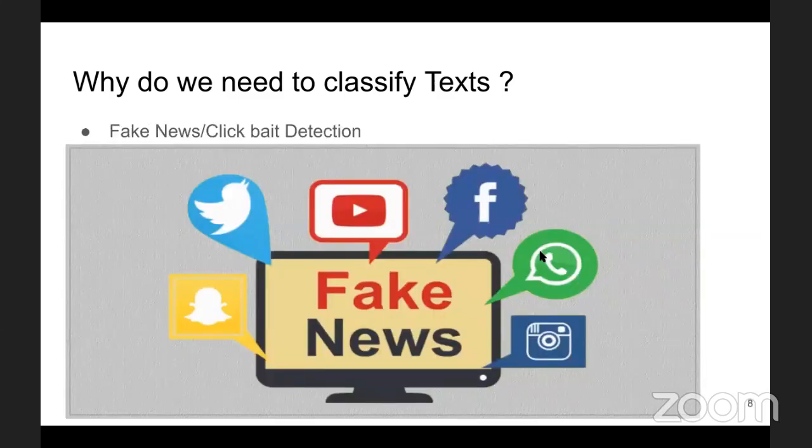Another very difficult problem right now, which is not fully solved, because even for humans it is hard, is fake news. The things that you see on Facebook, WhatsApp, different blogs, different news outlets. How do you verify that the information is correct or not?